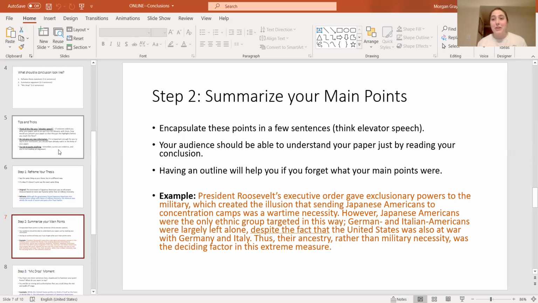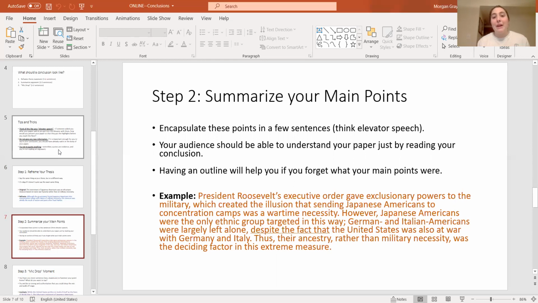Between the intro and the conclusion, you'll have everything you need to know to understand their paper. Yours should be the same way. If someone picked up your 3 to 5 page paper that you're writing for your classes and only had time to spend like 10 minutes on your paper, intro and conclusion, you want your conclusion to be so good that hypothetically your professor could evaluate your thoughts based on that conclusion.